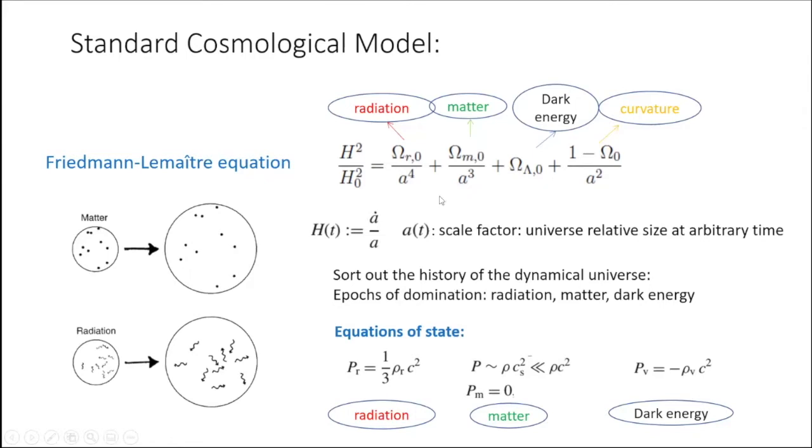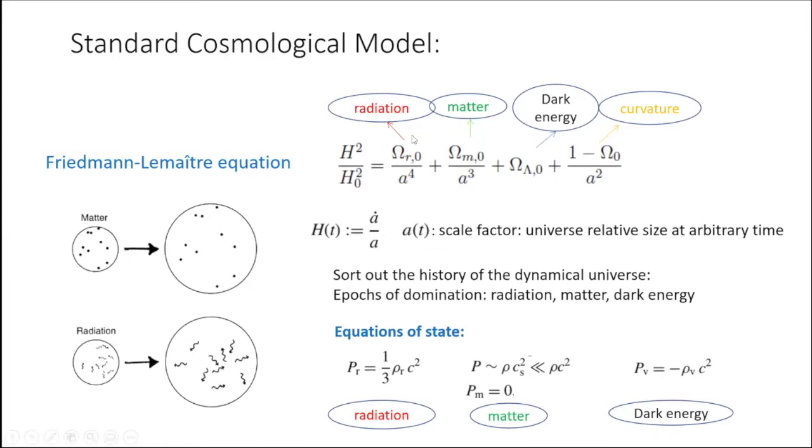Now, we need to pay more attention to how a appears in each term. For radiation, for example, it is divided by a to the 4 and matter by a to the 3, and so forth. Whereas the dark energy doesn't change with time, meaning the density of dark energy stays constant with time.